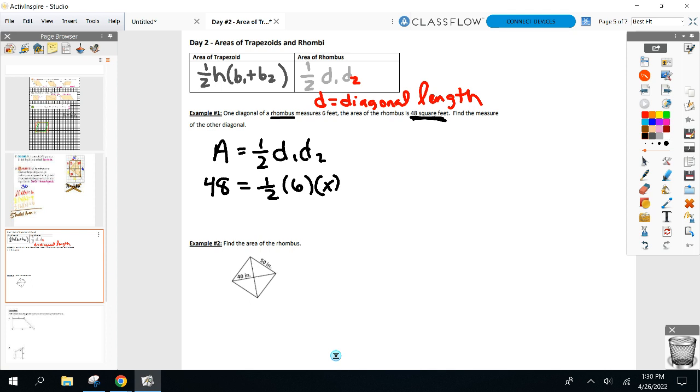You could also multiply 1/2 and 6 and get 3x equals 48 and go from there. Go ahead. Either way, I don't care what you do. Multiply both sides by 2 or multiply the 1/2 and the 6. Either way, we're still going to get hopefully the length of the diagonal.